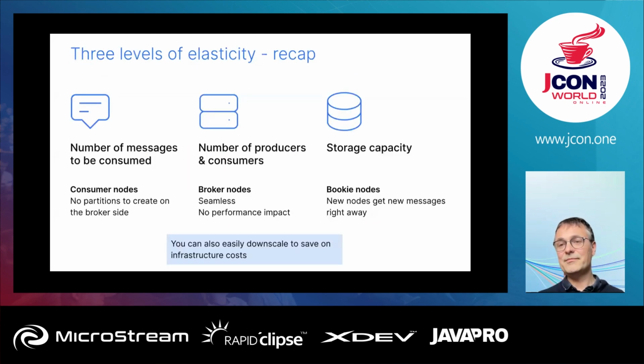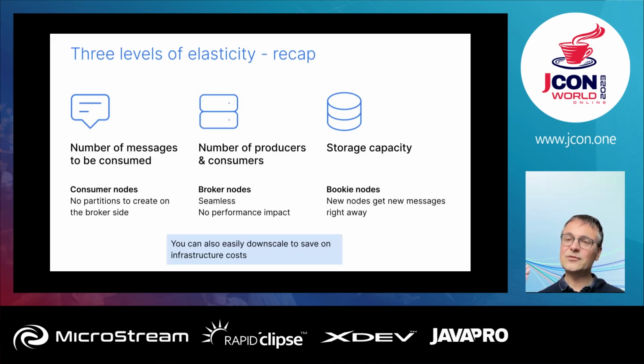So here is a recap of these three levels of elasticity and the benefits compared to other streaming platforms. When you do data streaming or messaging, your most common bottleneck is the consumer. And the advantage of Pulsar is that scaling consumer doesn't require complex operations like adding partitions or all that stuff.